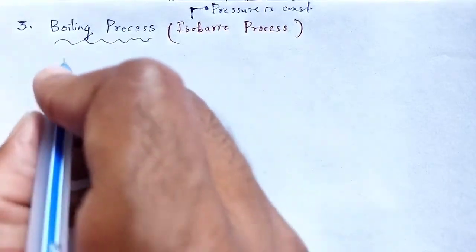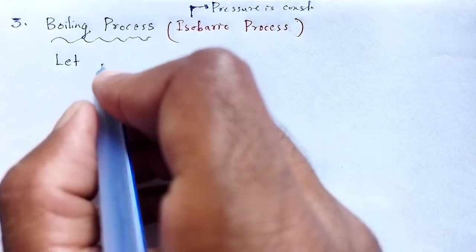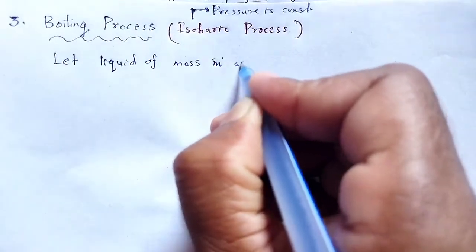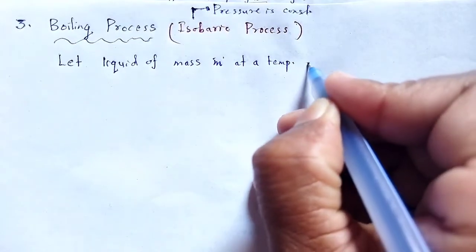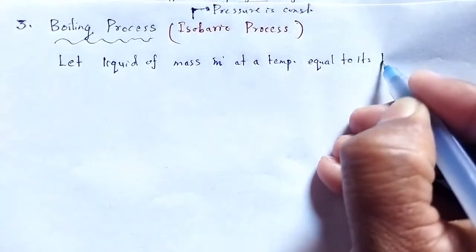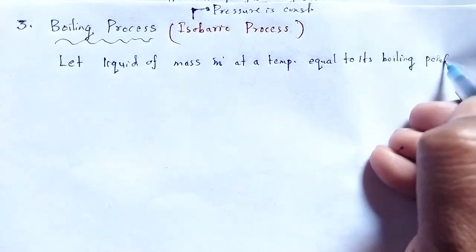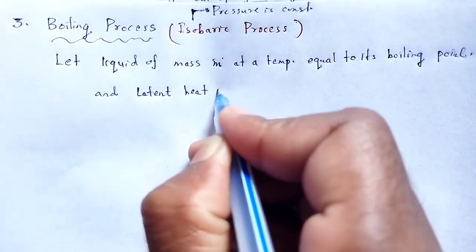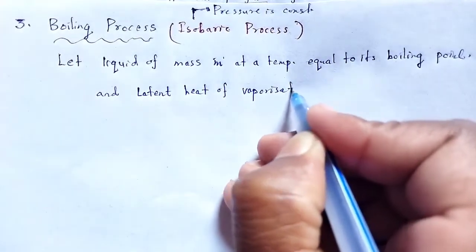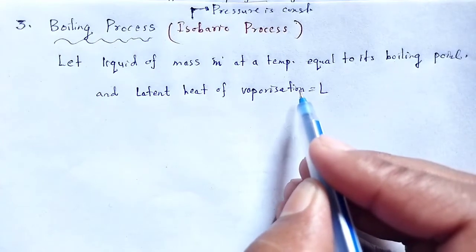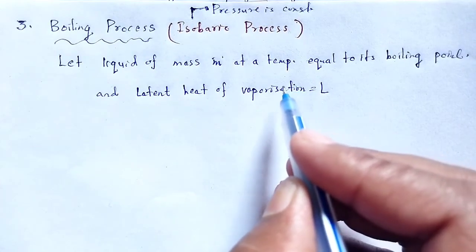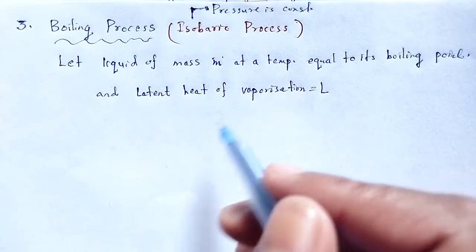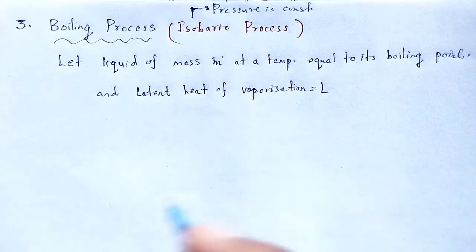So we consider a liquid of mass m at a temperature equal to its boiling point, and let the latent heat of vaporization be L. The amount of heat required by unit mass of liquid to change from liquid to vapor state is the latent heat of vaporization, and the amount of heat supplied to convert the whole liquid into vapor is dq.